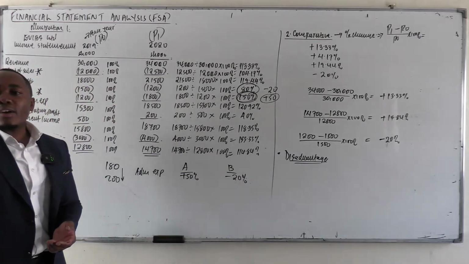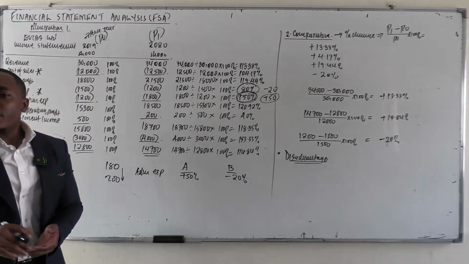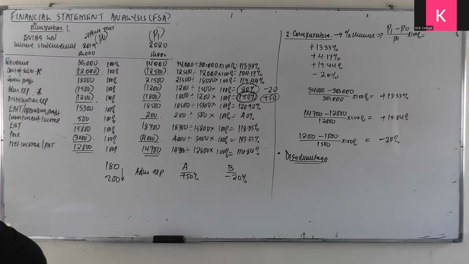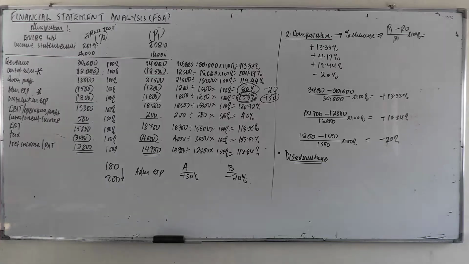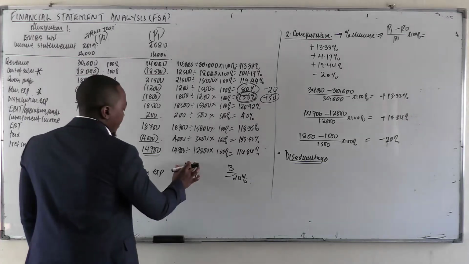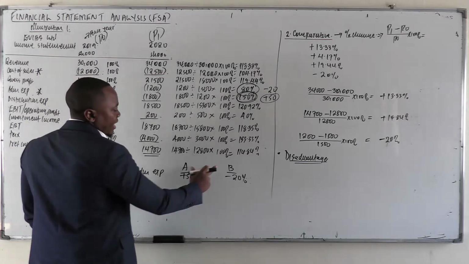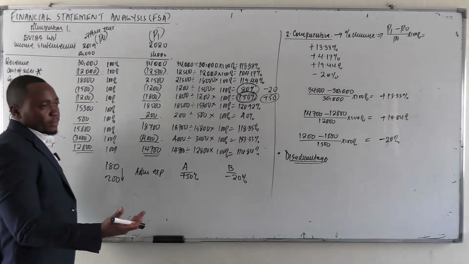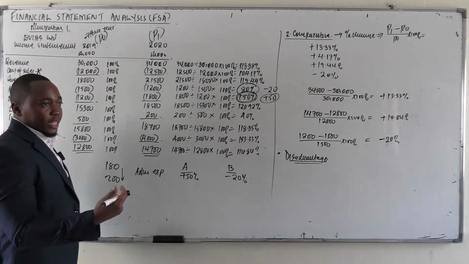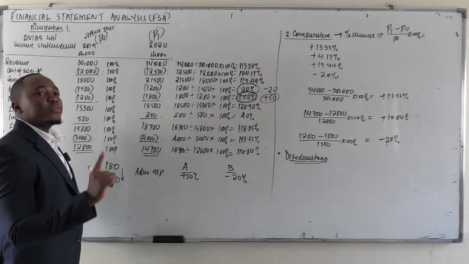Why? Because they are trying to minimize on cost. So we are arguing that if company A's admin expenses increase by 50, but for B they reduced by 20, in business, if you minimize on cost, you expect your profit to increase.